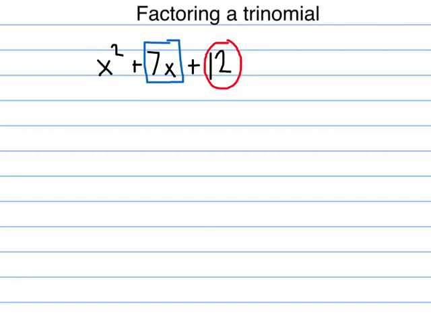So if I have 12 here, the factors of 12 are 1 and 12, 6 and 2, or 3 and 4. So those are the things that multiply to get to 12. You just want pairs. You don't want to break it up into more factors than that. So what pairs multiply to 12?